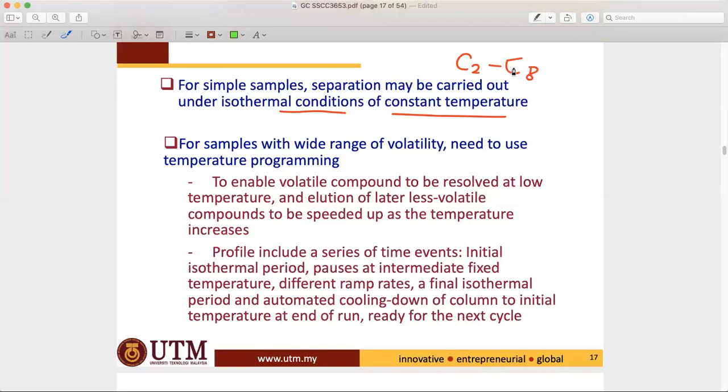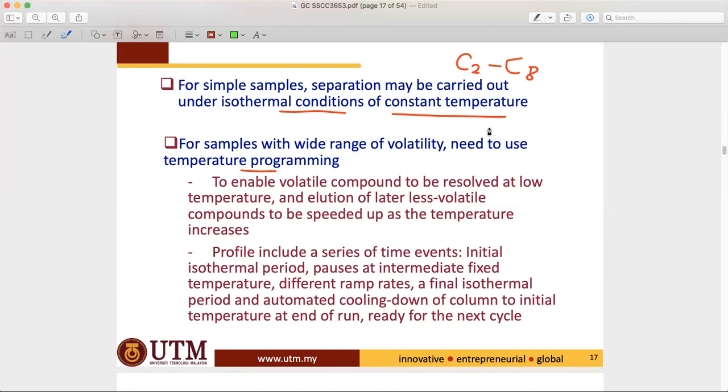So basically the temperature range is not that high or not that wide. So you can use isothermal conditions where you set the temperature of the column to become constant.